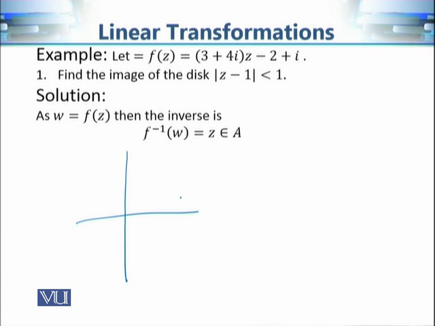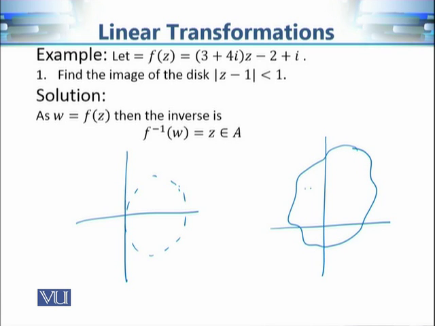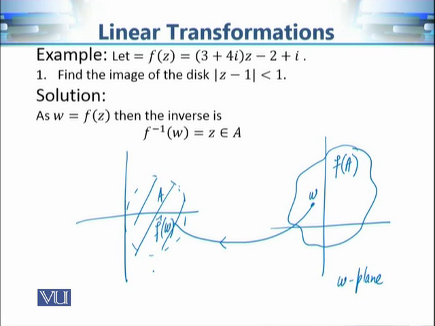Let's say we don't know the image of this A yet, but let's say this is f of A. Now an element W of this W plane, let's say this is the element, belongs to f of A if and only if, when we apply the inverse function on W, it belongs to the set A, which is this open disk.